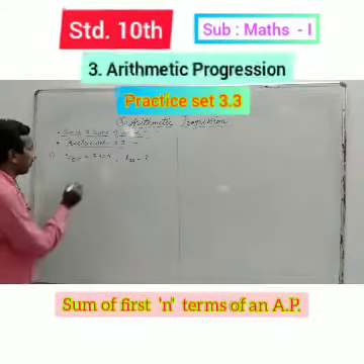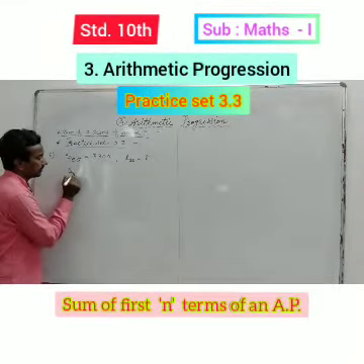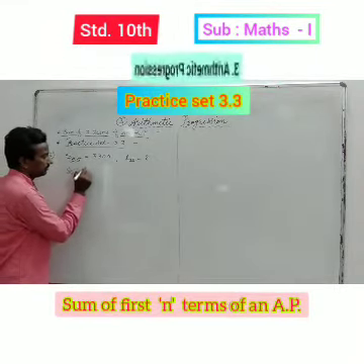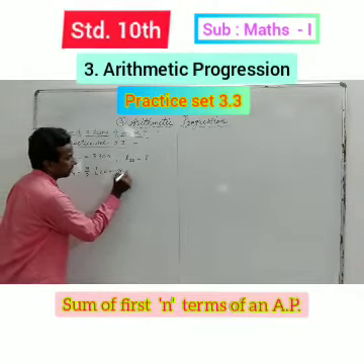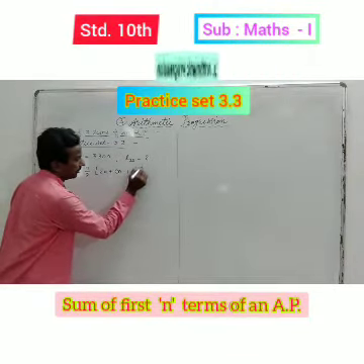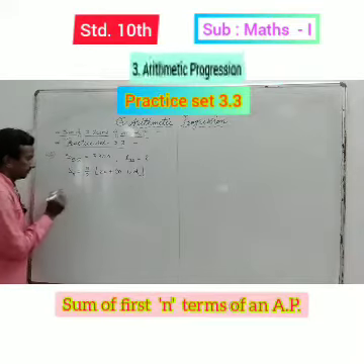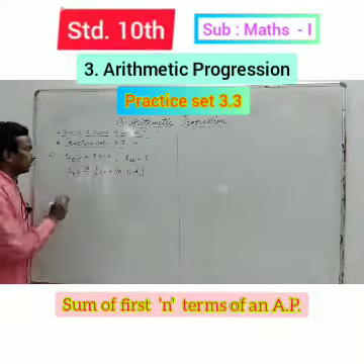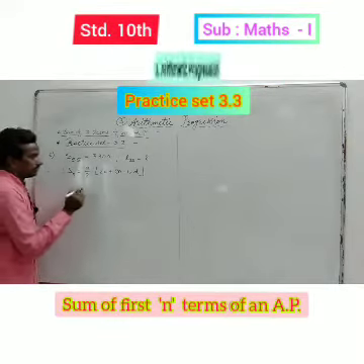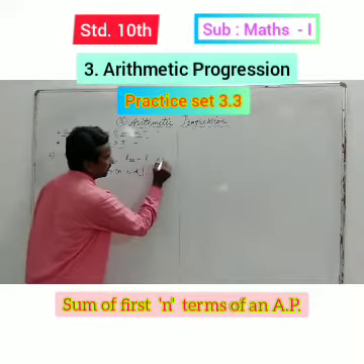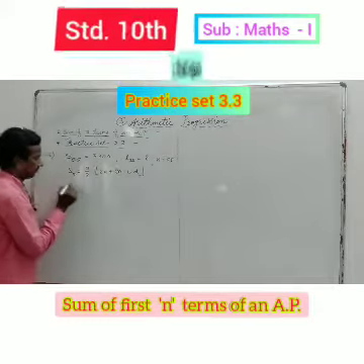We know the formula. It is Sn equal to n upon 2 into 2a plus n minus 1 into d. S55 is given, therefore value of n is 55, means n is equal to 55.